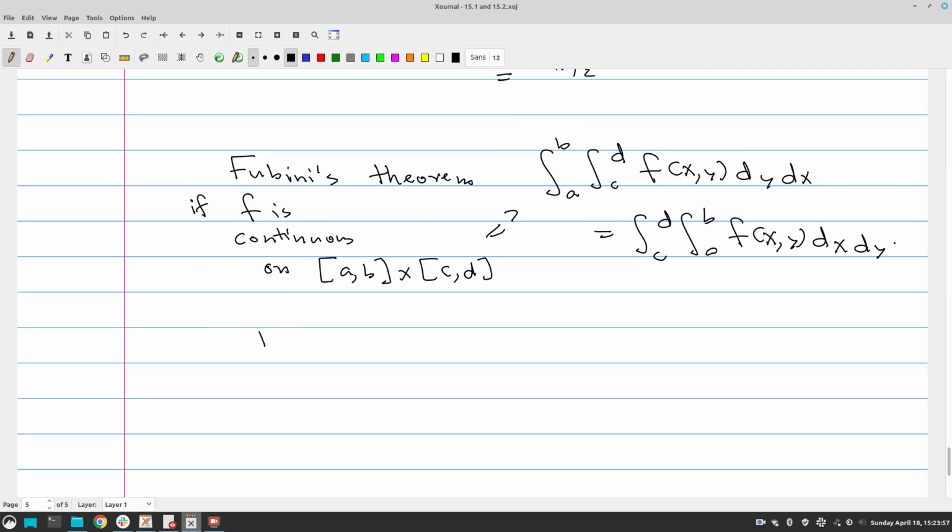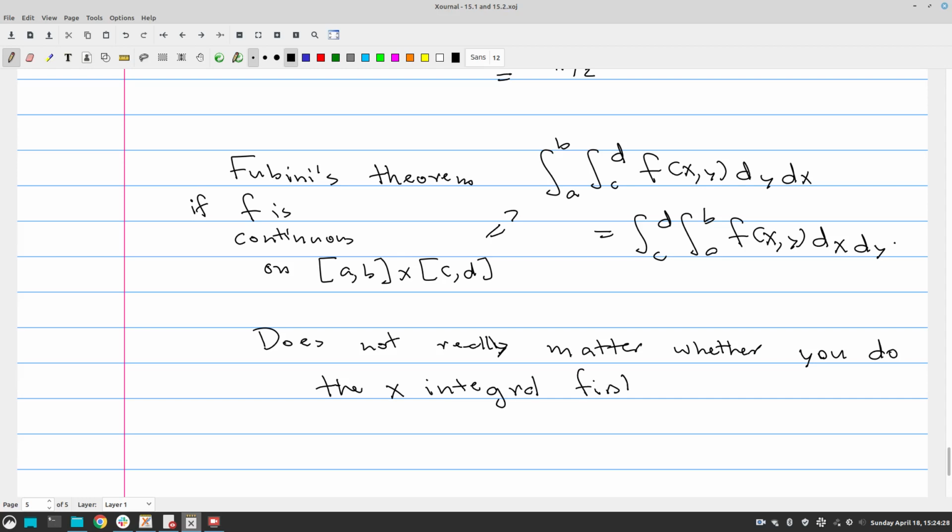It does not really matter whether you do the x integral first or the y integral.